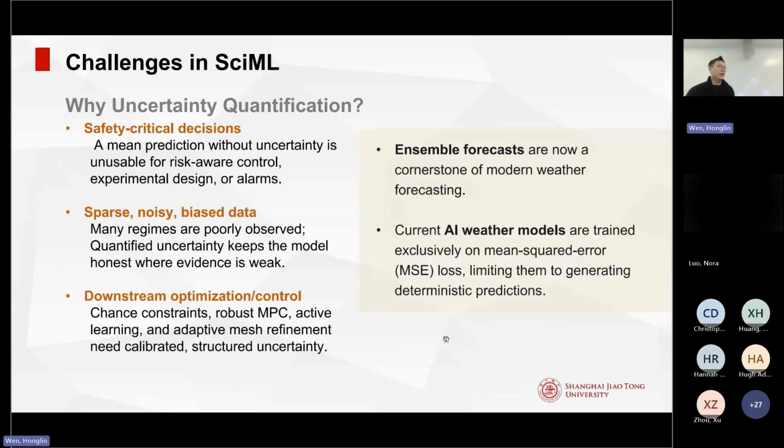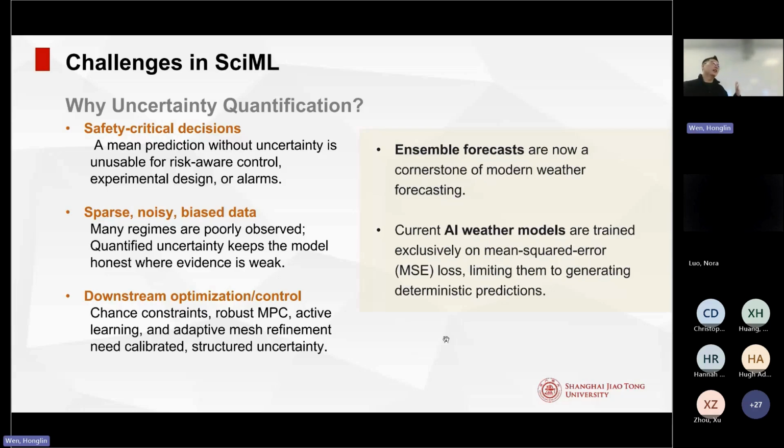The second is, if you just look at the PDE in the lab, it's deterministic. Given a toy PDE, we know it's deterministic. But if we analyze the problems in practice, there is a lot of uncertainty.